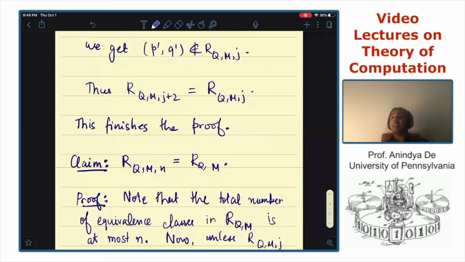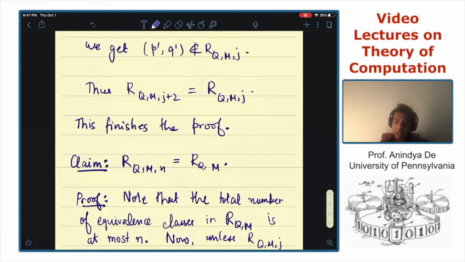We will now see why this is true. This tells us now that to compute R_{Q,M}, you just need to compute up to R_{Q,M,N}. That also automatically implies, I will prove this claim, that you can compute the equivalence relation R_{Q,M} in polynomial time, because you can compute R_{Q,M,N} in polynomial time.